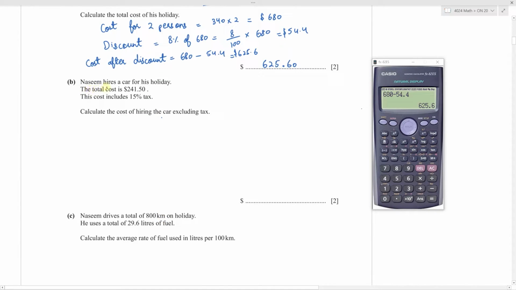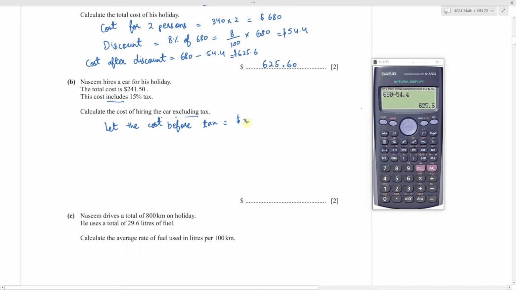Part B is Naseem hires a car for his holiday. The total cost is $241.50. The cost includes 15% tax. Calculate the cost of hiring the car excluding the tax. So let the cost before tax equal X dollars.